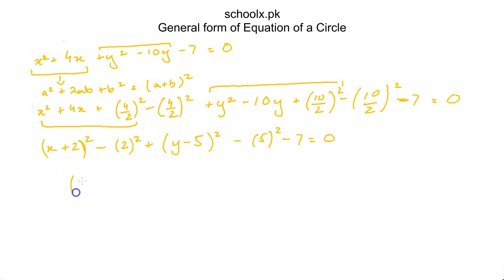If I solve this further, I'll get (x + 2)² + (y - 5)² = 36.